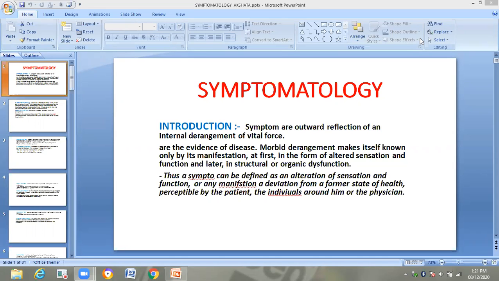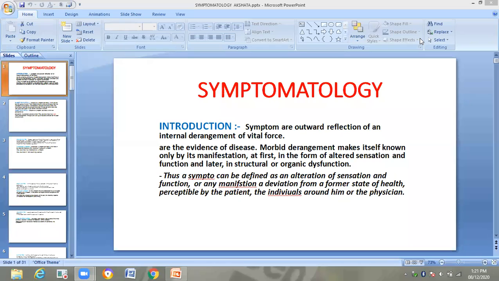And when there are any deviations, any minute deviations at the inner level, then there is a feeling of unease, a feeling of being diseased.